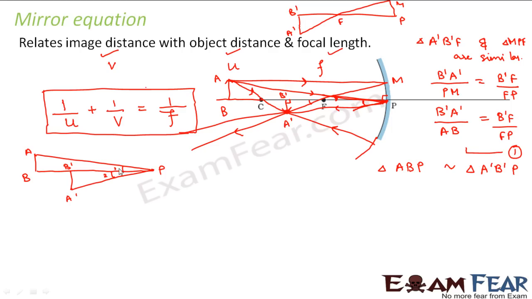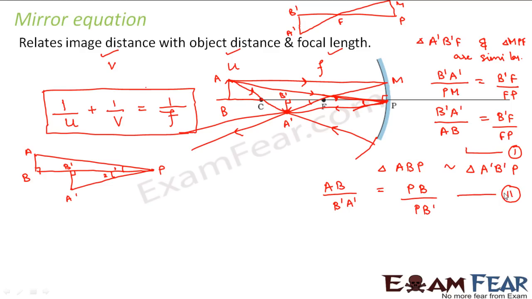If you compare these two triangles, these two angles are equal, this is 90 degrees, this is 90 degrees, so these angles will also be equal. So by AAA similarity, these two triangles are also similar. Therefore, by the property of similarity, AB divided by B dash A dash is equal to PB divided by PB dash.